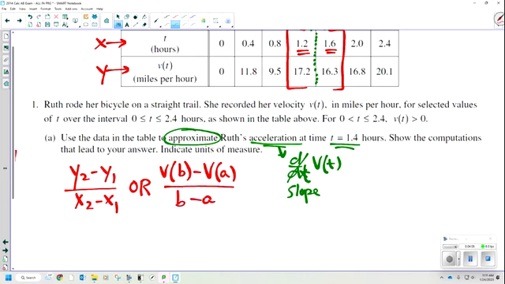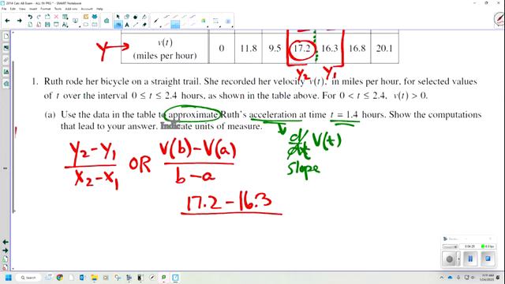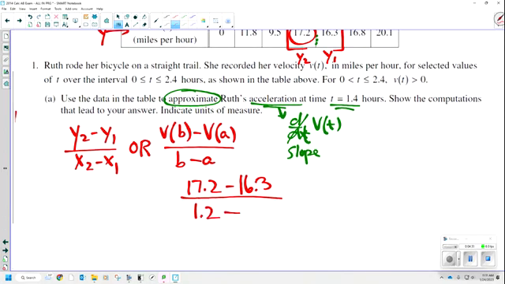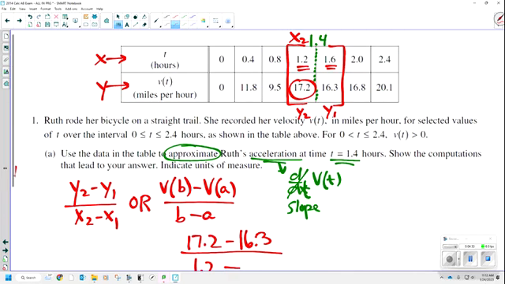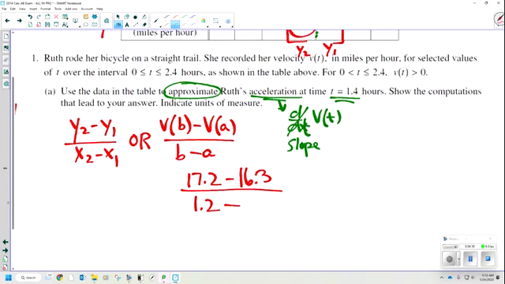So I'm going to use 17.2, which can be considered our y2, minus our y1 of 16.3, all over our matching x coordinates, 1.2 minus 1.6.